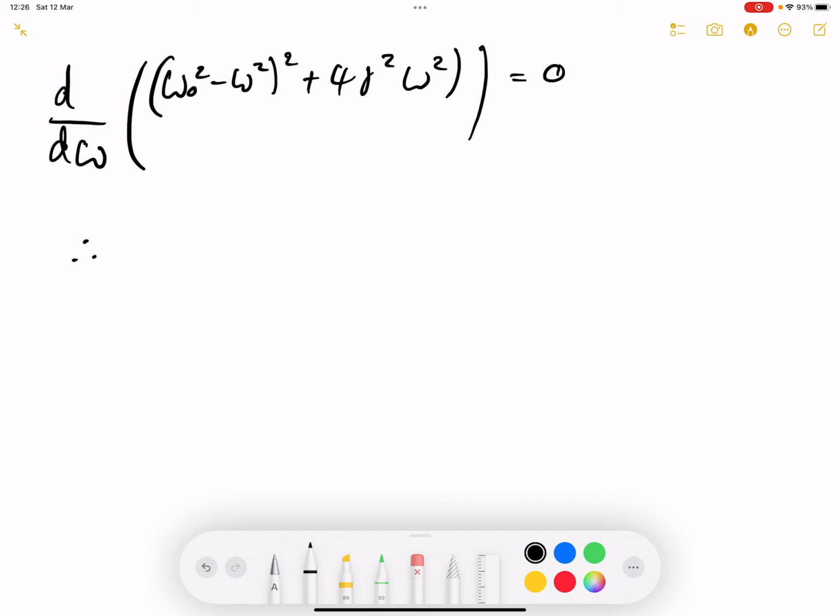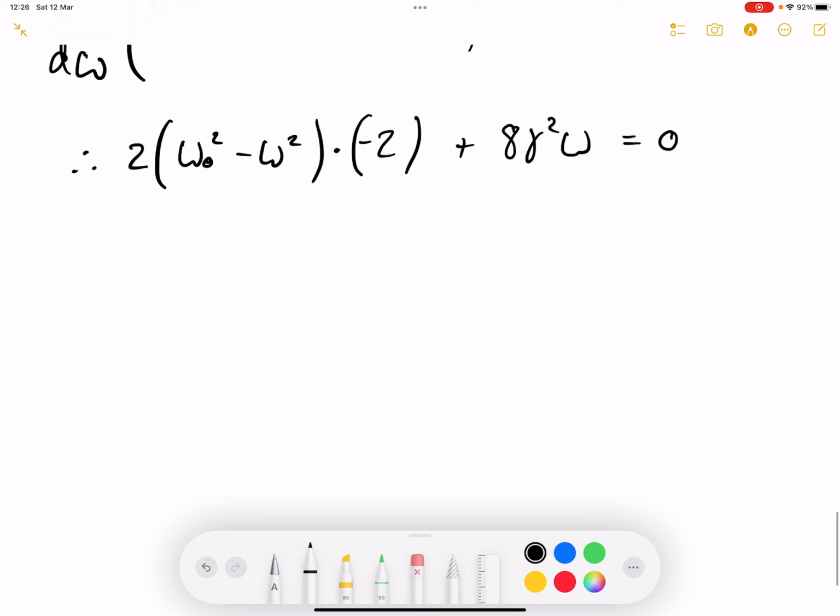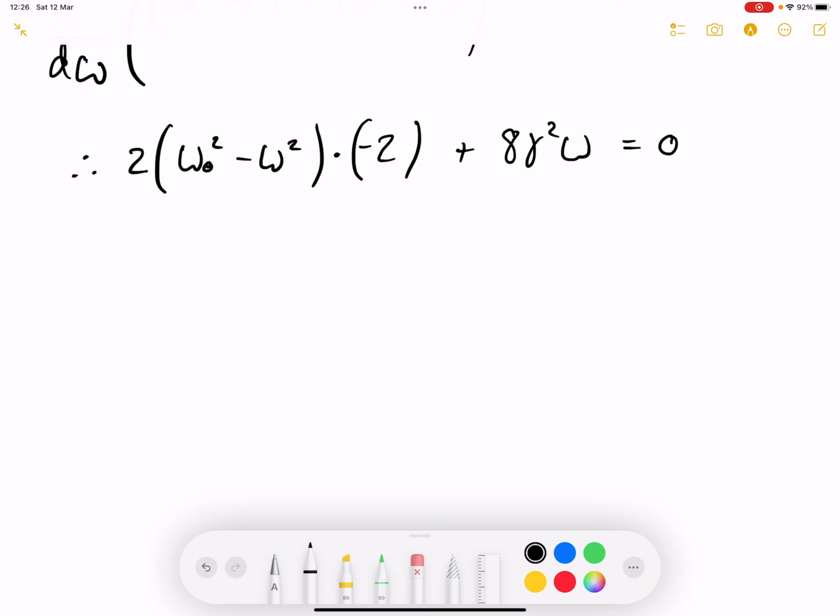Therefore, 2 times omega naught squared minus omega squared, times, you're happy with a dot, minus 2 omega, plus 8 gamma squared omega must equal 0. Now let's do some rearranging.